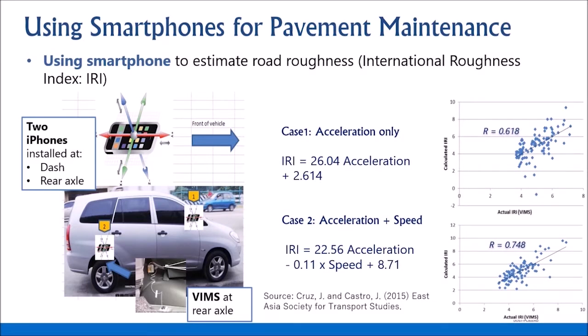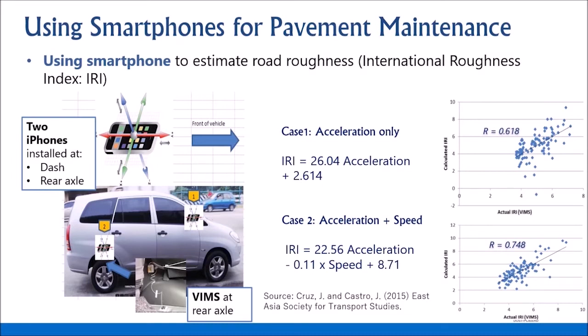And this is our results. So case 1, if we use acceleration only, the fit of the data is around 0.618. The actual IRI, so this is the VIMS data, and the calculated IRI is around 0.618.